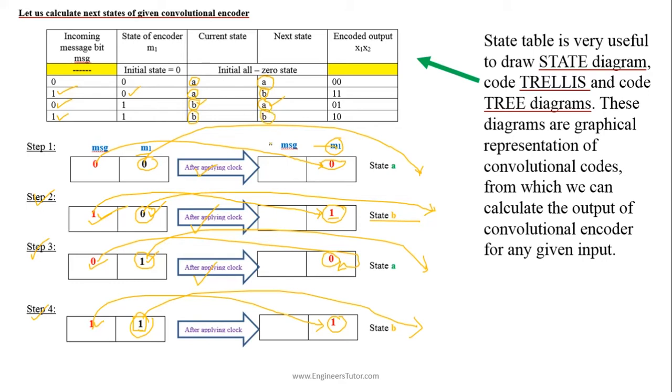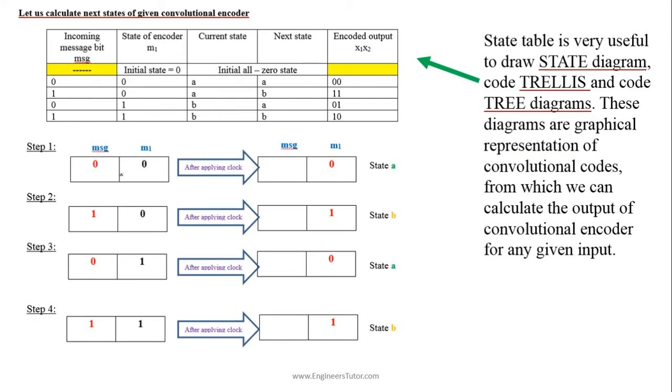Try to understand how to prepare this state table, because the state table is very useful to draw the state diagram, trellis diagram, and tree diagrams. These diagrams are graphical representations of convolutional codes, and from them we can find the output of the convolutional encoder for any given input.